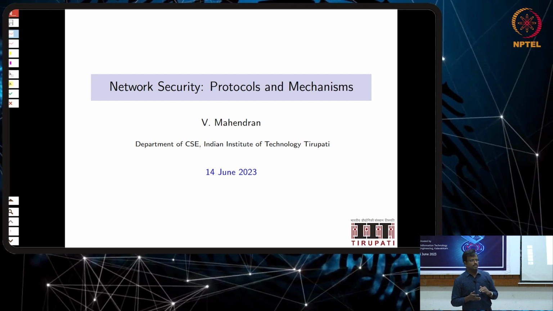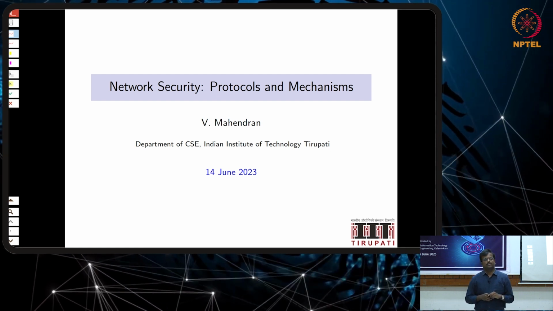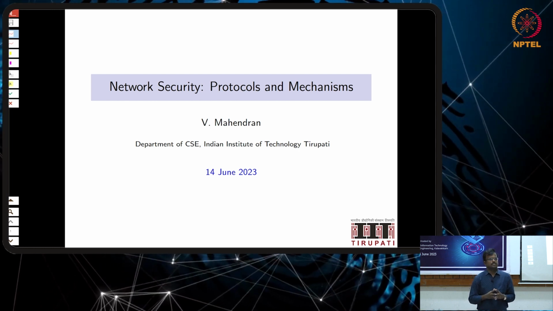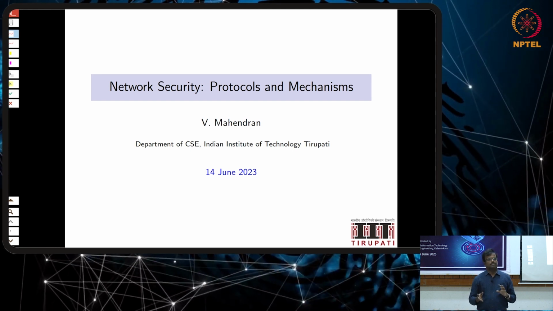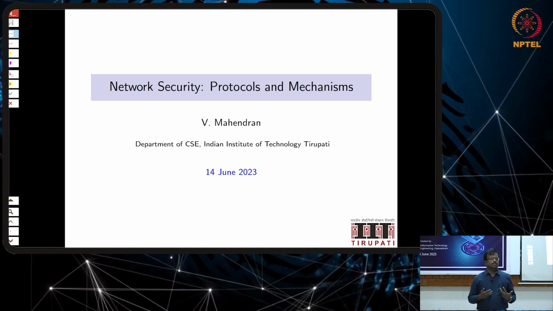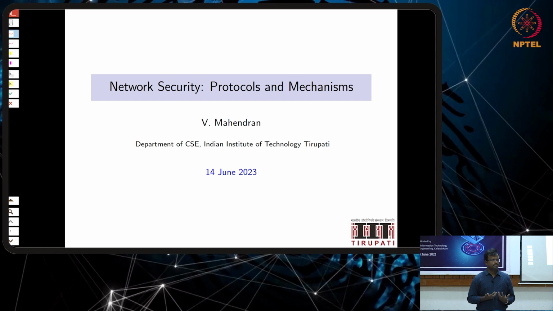Some teach bottom up, starting at the physical layer and going to the application layer. But this talk will follow neither. I'll use a mix and match of these, just to give you some continuity in the flow of why security is needed.